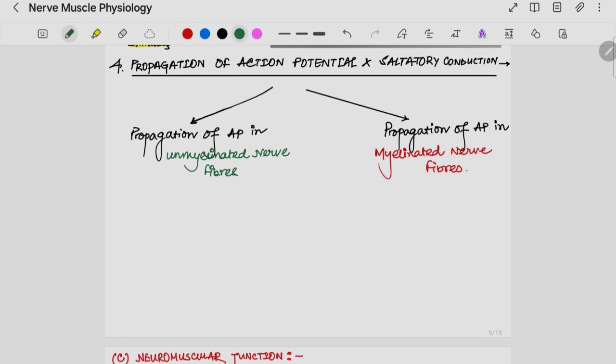Firstly, we see how an unmyelinated nerve fiber looks. So that is, let's say, a neuron and its terminal branches. So that is unmyelinated, without myelin sheath, right?